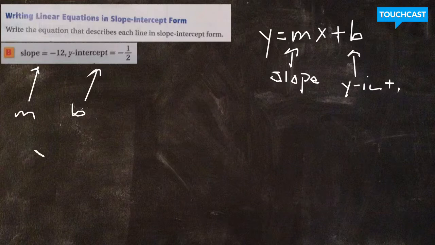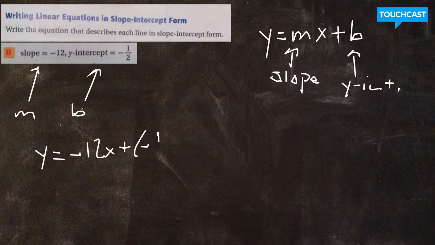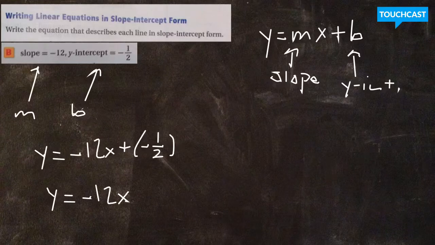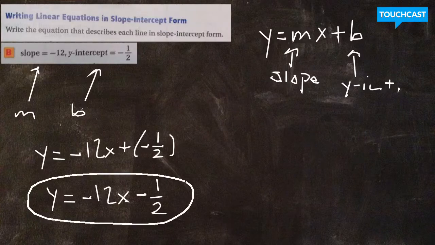So we have y is equal to -12x plus -1/2, which we can simply write as y equals -12x minus 1/2. When we add a negative, that's the same as subtracting. And there, we've done example 2b.